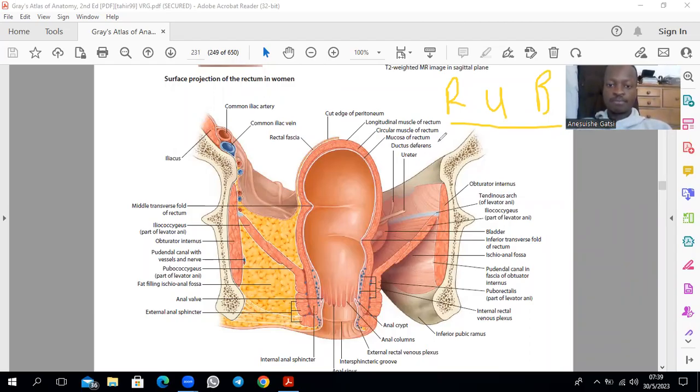Then I also want you to know this ischiorectal fossa, and remember the boundaries of the ischiorectal fossa. The medial boundary is made up of the sloping part of the levator ani. Right. Then the lateral boundary is made up of the obturator internus.